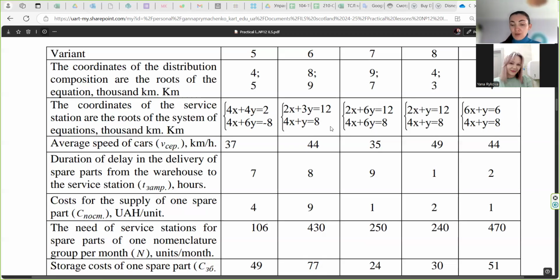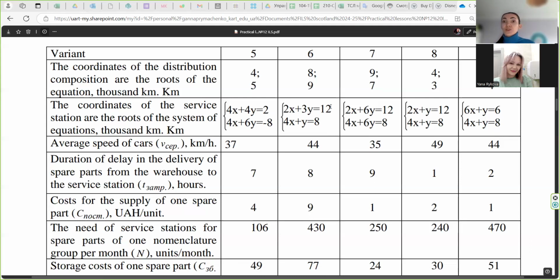Jana, what is your coordinate for your service station? For example, the result of calculations of these systems. X is 1.2, Y 3.2.